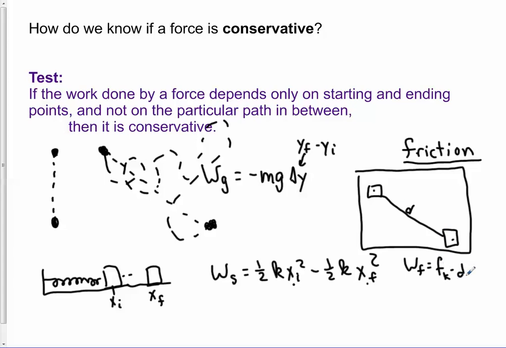Because work is force times distance. But if we instead moved it over here and then down here, well, it will have traveled farther. So the new distance that it traveled, I'll call it d prime, will change, and so the work done will change. So the beginning and ending points were the same, but the path matters. If we took the shortest path, we'll have the least amount of work done, but if we take a longer path, more work will be done by friction. So the path matters, and that's why it was non-conservative.